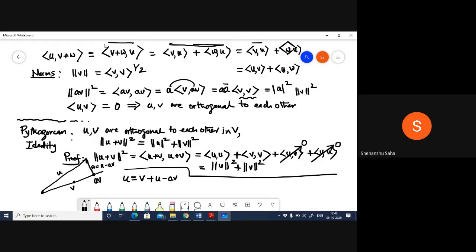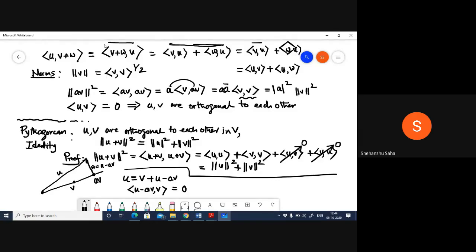Okay, all right. Now, we should notice that this u minus av is actually orthogonal to v also, right? Okay, correct? I mean, the way you see the visualization. So therefore, when I take the inner product of u minus av with v, I must get 0.